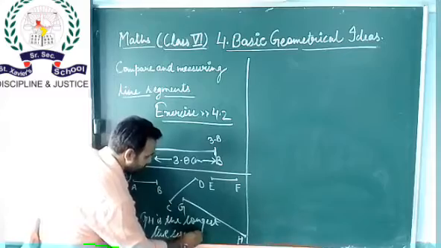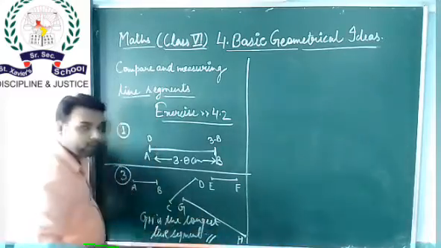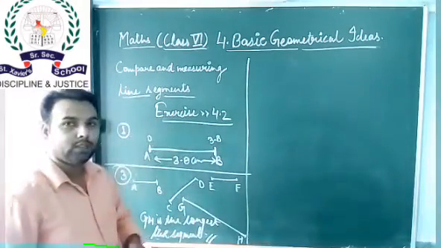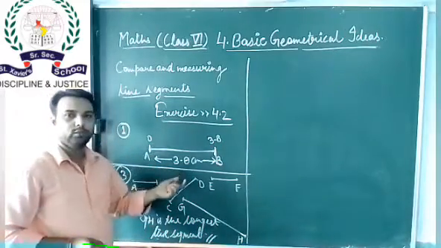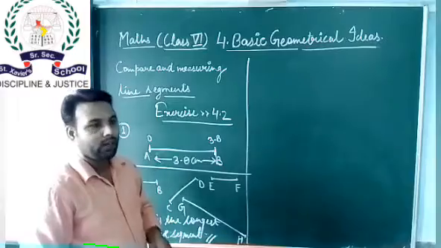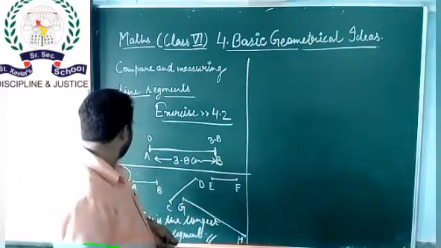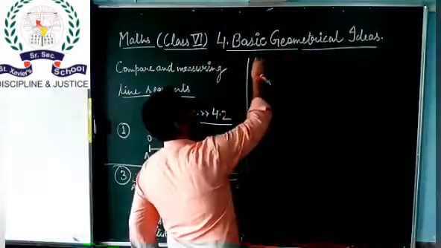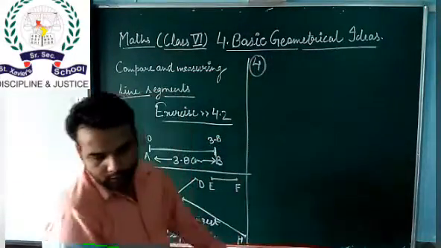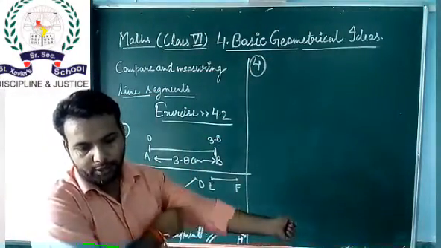Okay. So these 3 questions are completed. In these 3 questions, in the first and second, you have to measure the line and draw it in your CW copy. Okay.